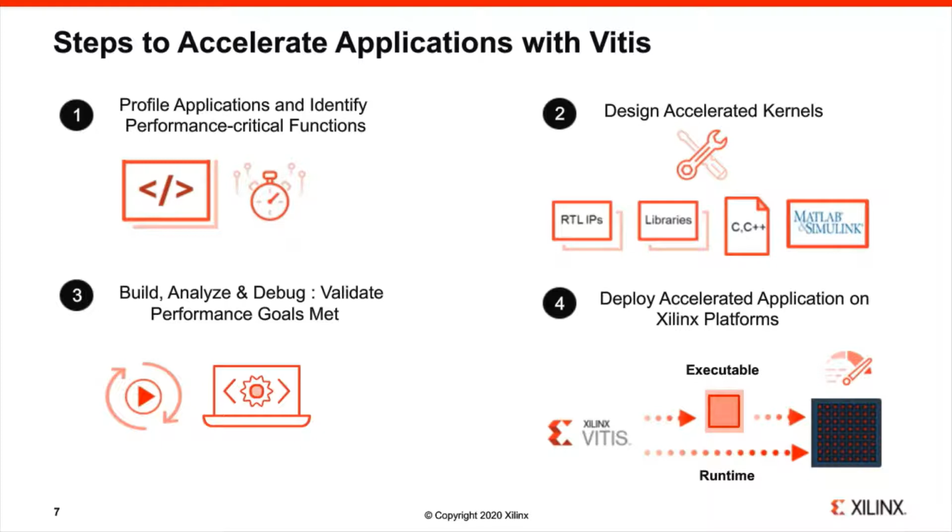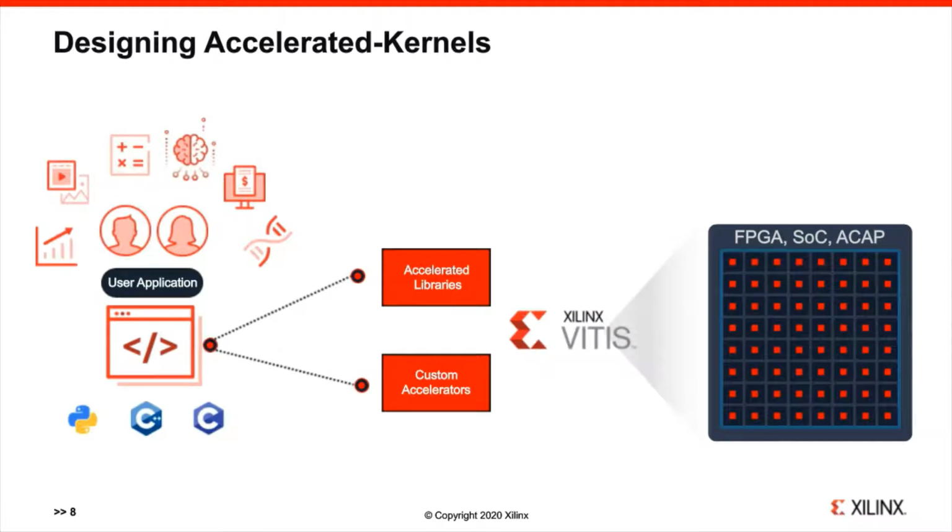Now, let's take a closer look at step 2, which is designing the accelerated kernels. We saw on the previous slide that there are different entry points for designing your accelerated kernels, but they broadly fall into two main categories. One, using pre-optimized libraries, which is the easiest way to hit the ground running.